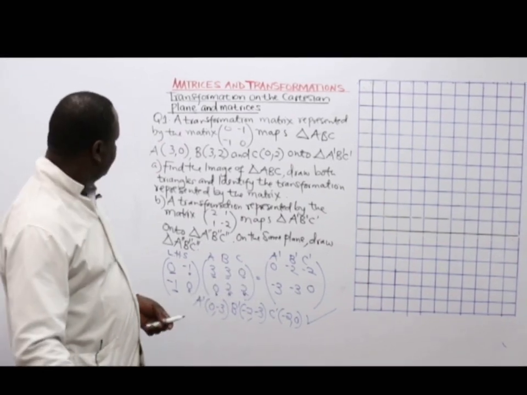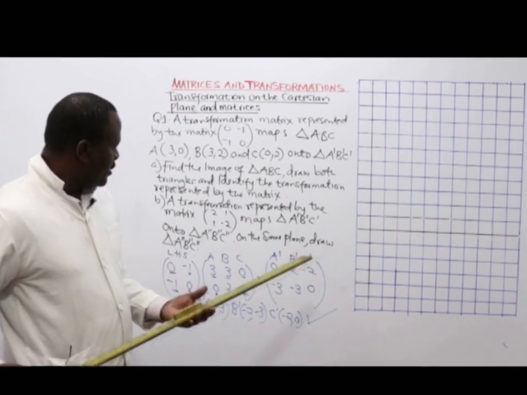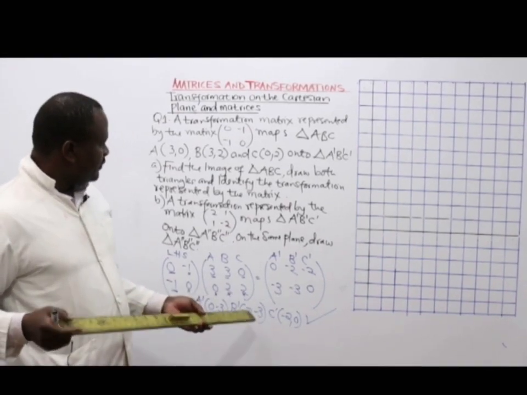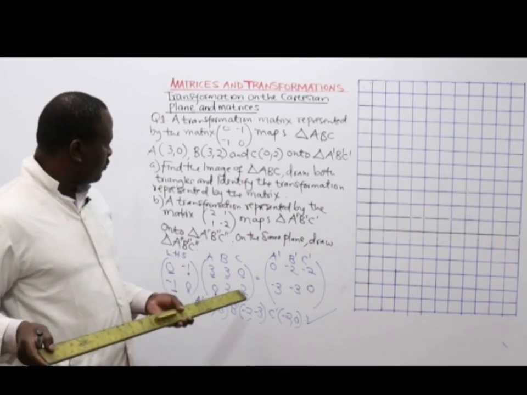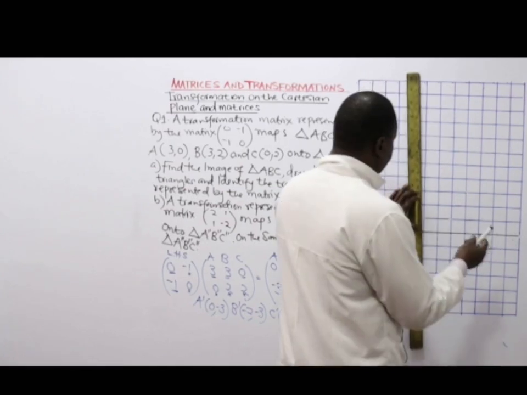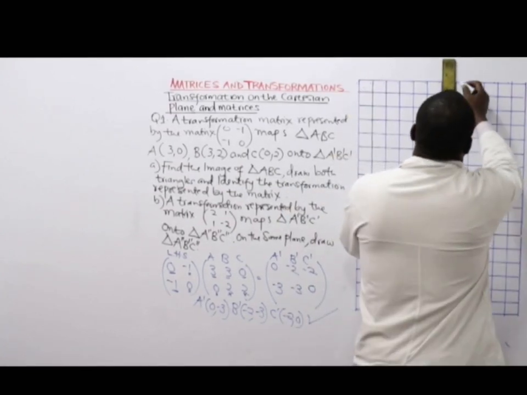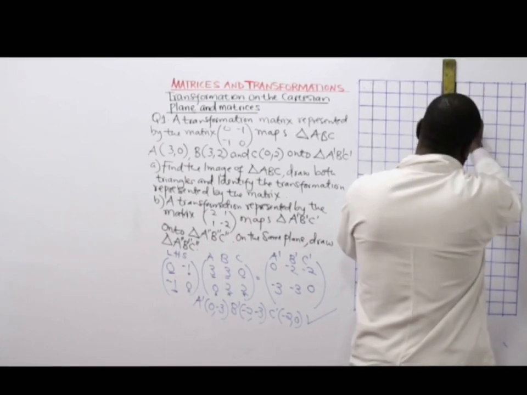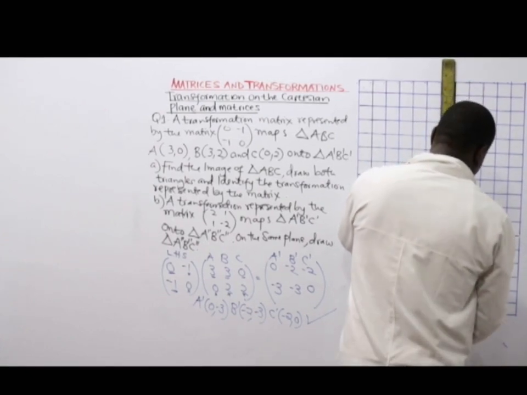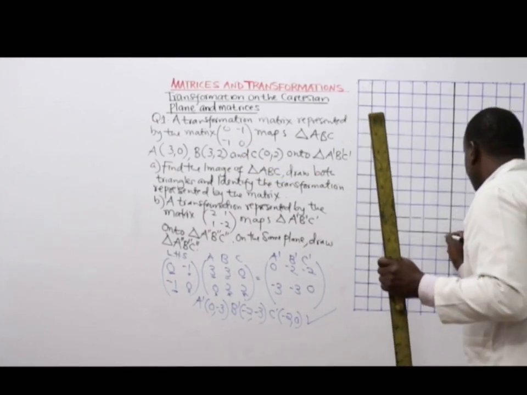Then let's plot the first one. Now this one has negative values, so we have to balance. Actually, use a pencil, so in case of any mistake.